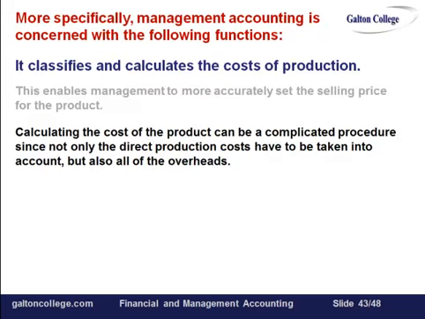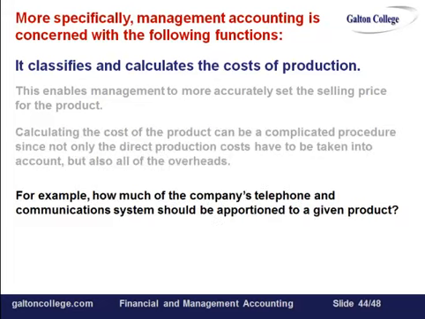Calculating the cost of the product can be a complicated procedure, not only because direct costs have to be taken into account, but also, as I said, the overheads, the depreciation, the cost of the utilities, electricity, gas, the costs of the office, the costs of marketing, the costs of... These all have to be broken down and assigned to the products to work out the actual price.